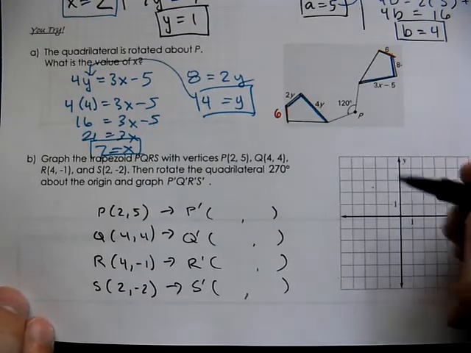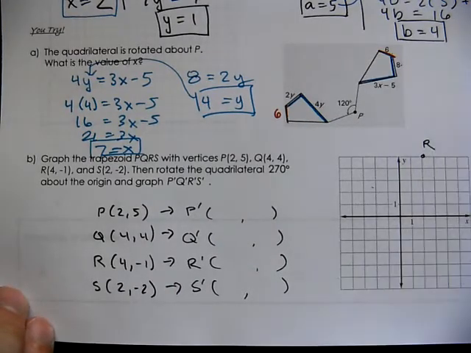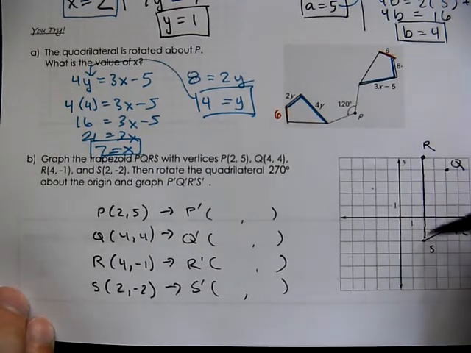Plotting the pre-image, point P is at 2, 5. Q is at 4, 4. R is at 4, -1, and S is at 2, -2. Alright, there's my trapezoid.